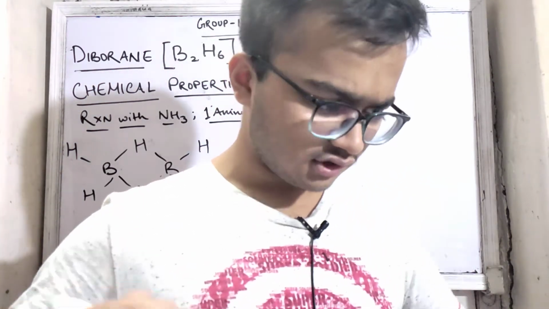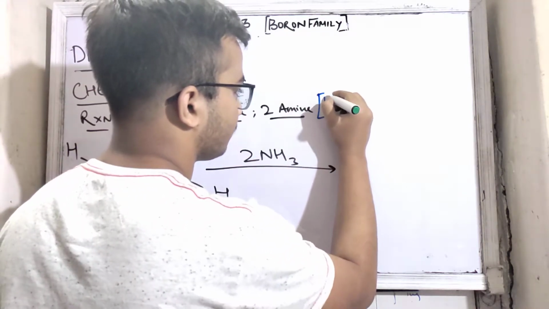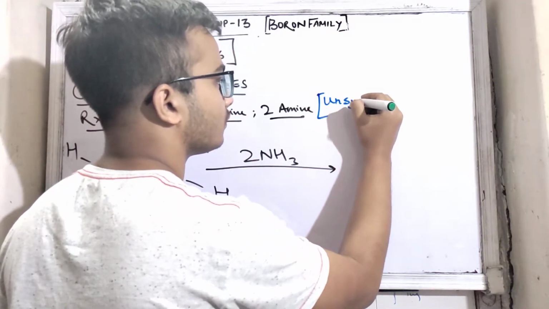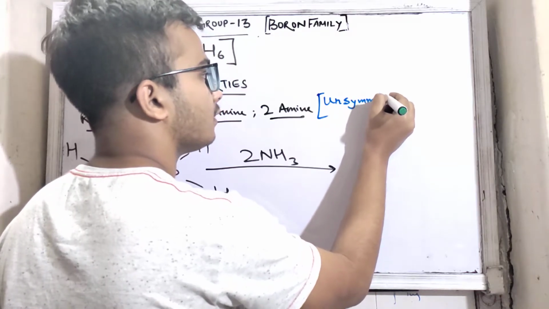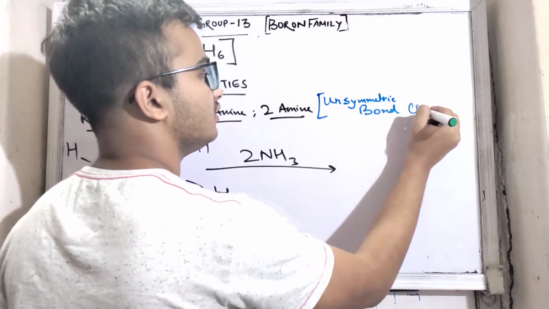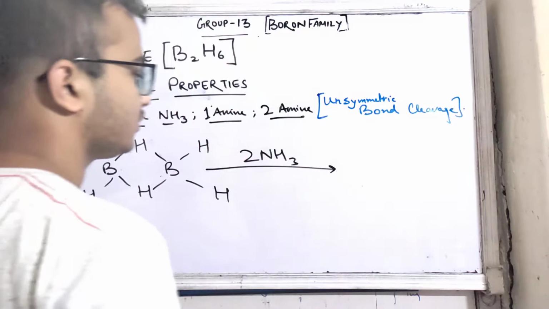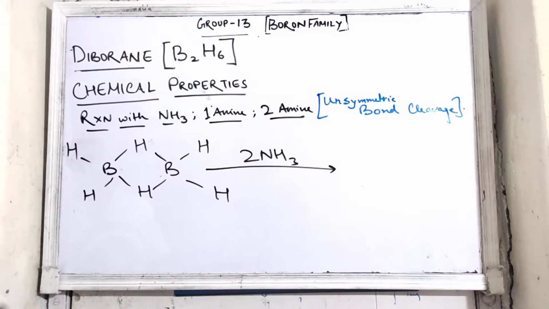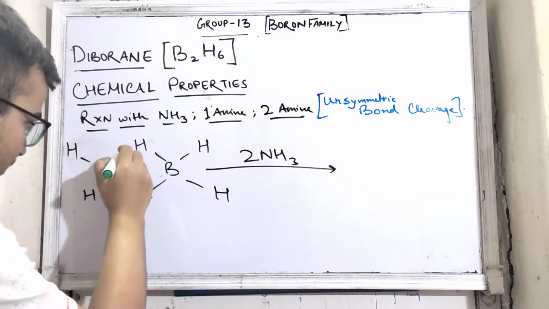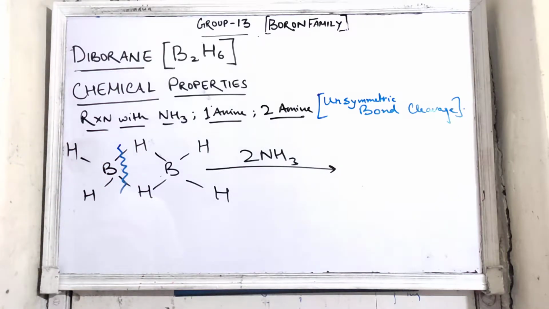So let's write down here unsymmetric bond cleavage. Let's make cleavage of this bond. I will make the cleavage from this direction. Let's see what is happening.